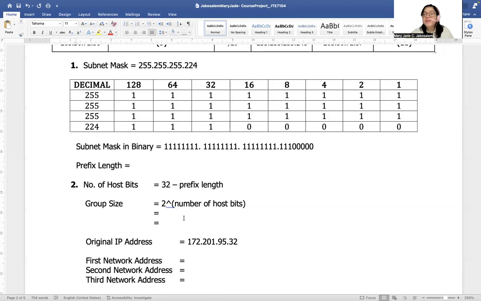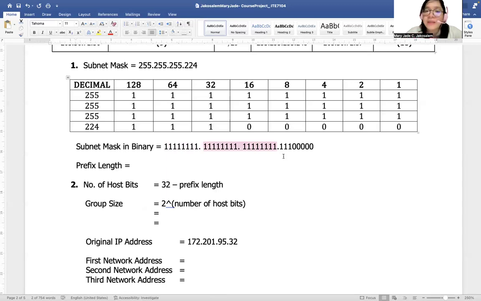So here we have to count how many ones there are. I know that we have 3 sets of 8 ones, so to make it easier, we just multiply 3 times 8, because 8, 8, 8. So 8 times 3 is 24.